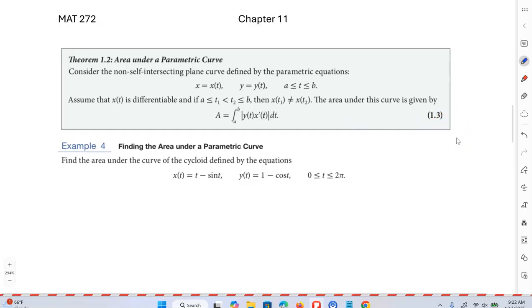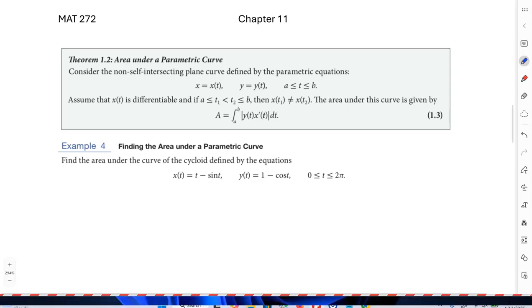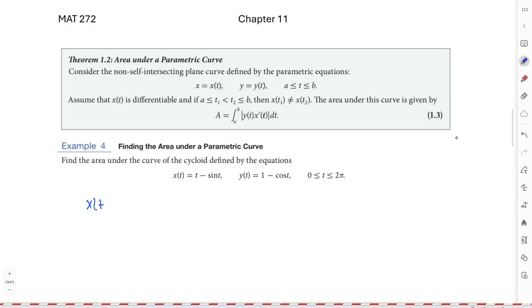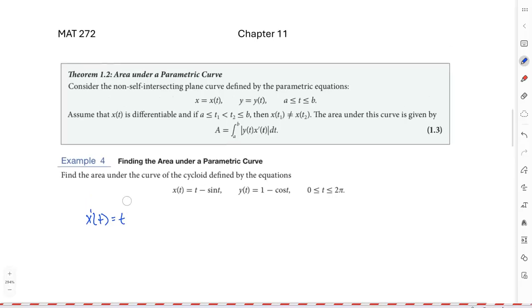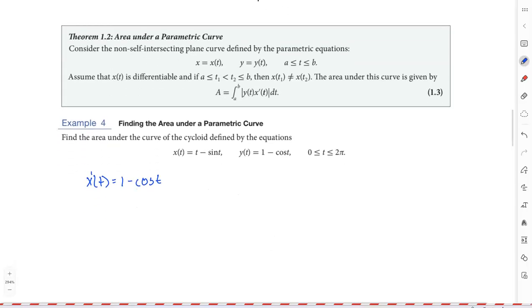So let's take a few derivatives. If I take the derivative of x of t, the derivative of t is 1. The derivative of minus sine would give us a minus cosine of t. And then to find our area, it's going to be the integral from a to b, absolute value of y of t times x prime of t dt.